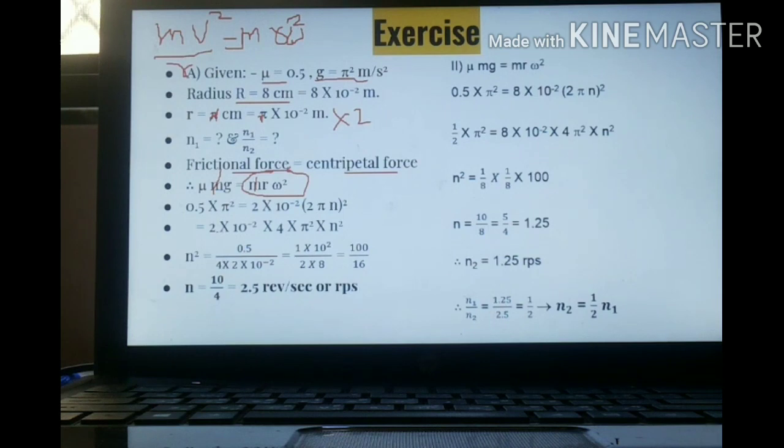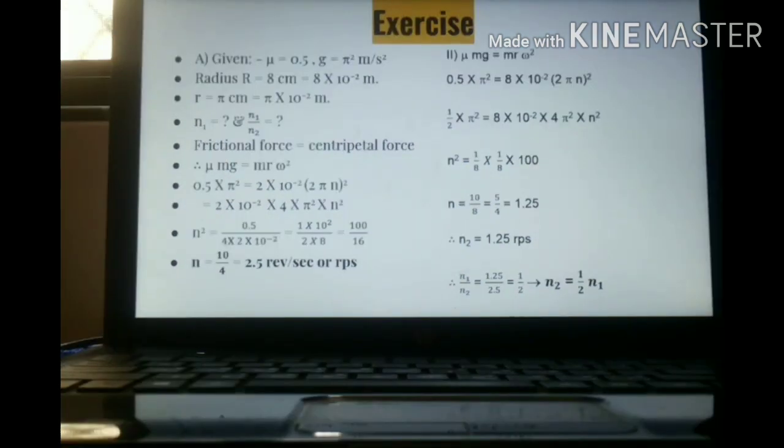So what will we be doing? 4 2s are 8, so I am writing 8 over here. This 10 raised to minus 2 is in the denominator, so we can take this term to the numerator, and it becomes 10 square. 4 2s are 8, so it is 100 upon 16. So n square is 100 upon 16.